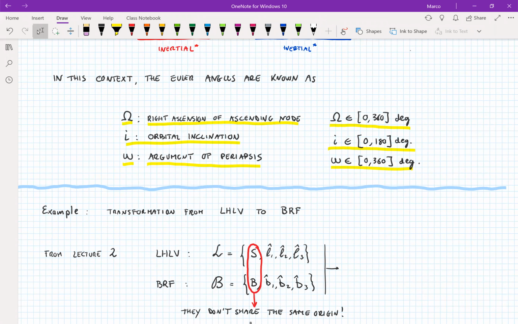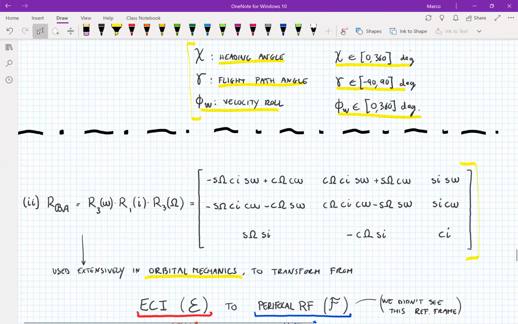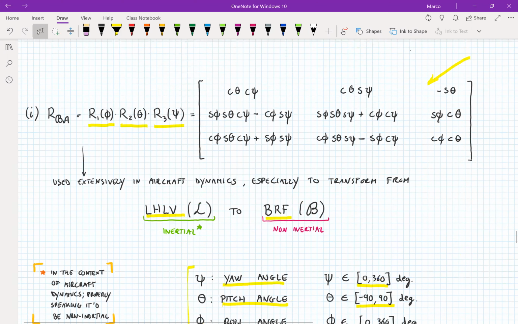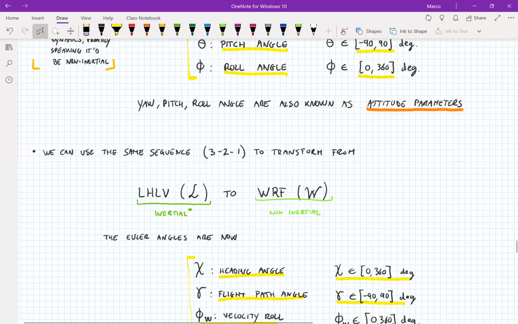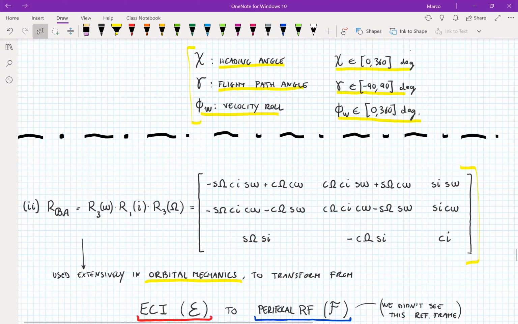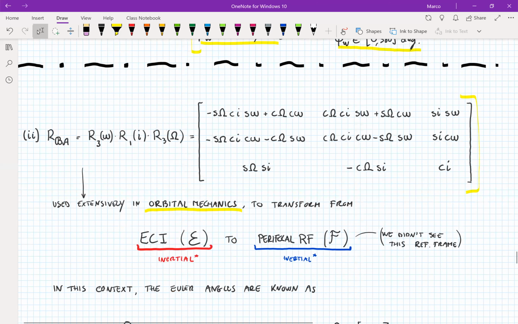All right, let's take a look at an example now. And actually, let's take a look at the very example that uses the rotation matrix between the inertial LHLV to the body reference frame. So some of you might think, well, you've talked about rotations between two reference frames, but you always said that they have to share the same origin.